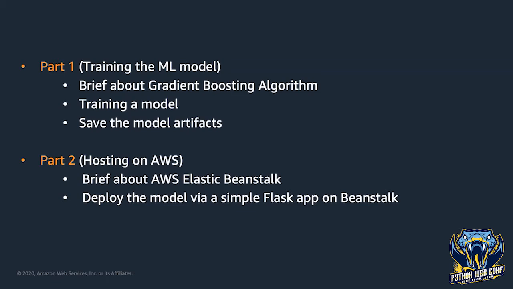Then we will save the model artifacts and make a web application with that model intelligence, using Flask. How we are going to host that in AWS, we will see as we go on. This is the whole idea of how we are going to spend the next 30 minutes.